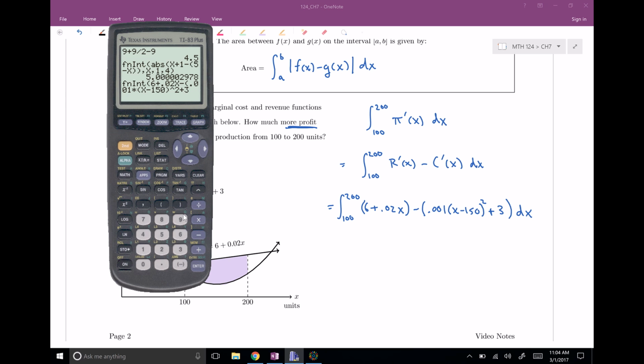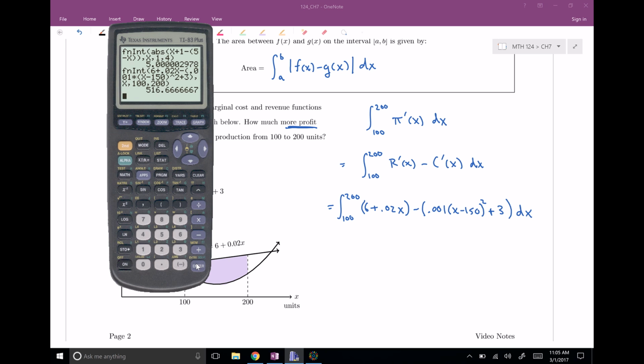And now I'm going to close my parentheses from the subtraction. I need to specify which variable we're integrating with respect to, so comma x, comma, and the range is going to be from 100, comma, 200. And then close the final parentheses, hit enter, and there we go.